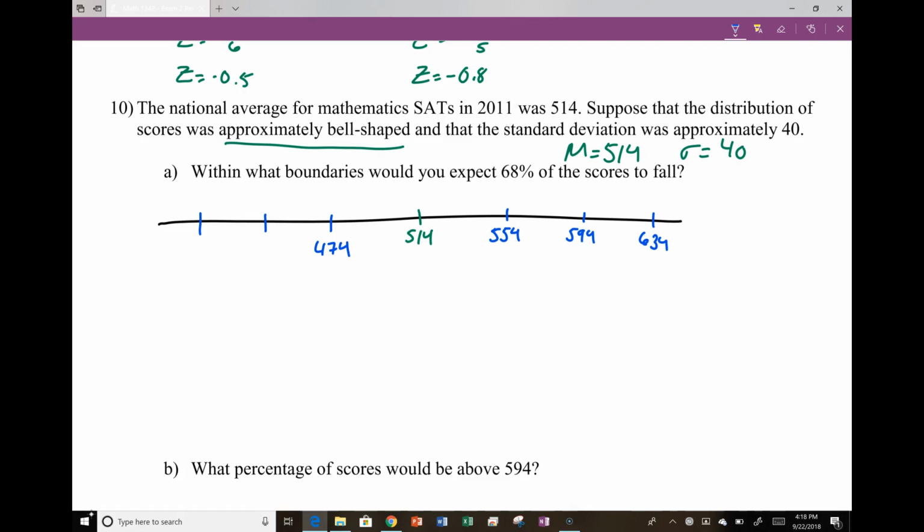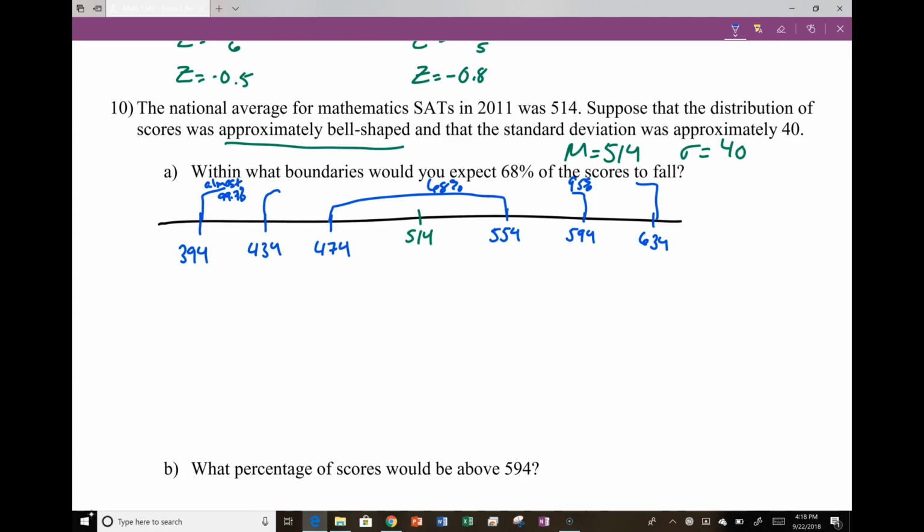Subtract 40 again, I get 434. And subtract 40 again and I get 394. The reason I do this is because knowing that it is bell-shaped, that means that in between these two values is 68%. In between these values, it's going to be 95%. And here, it's going to be almost all, or 99.7%.